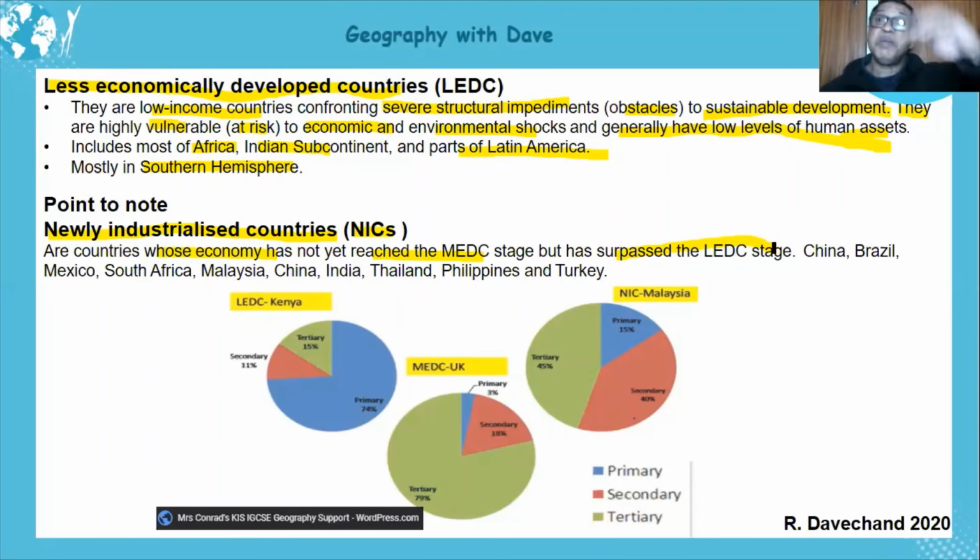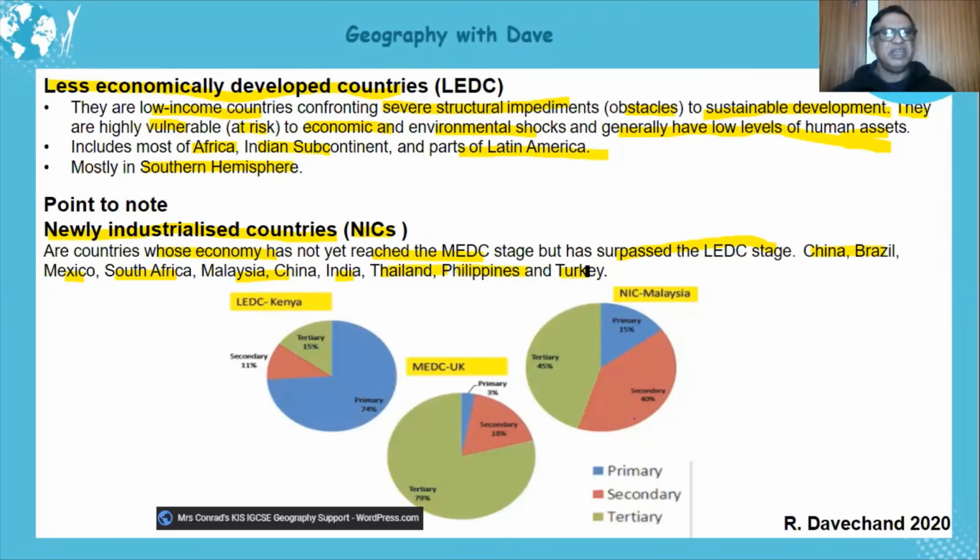That means they've gone above the less economically developed. They are places like China, Brazil, Mexico, South Africa, Malaysia. I think I listed China there twice, eh? All right, India, Thailand, Philippines, Turkey, many countries.